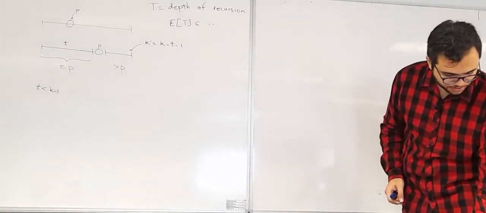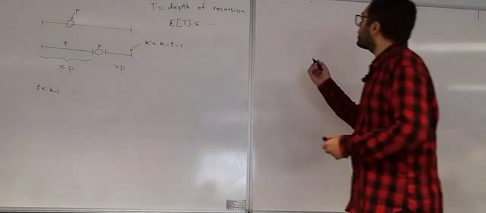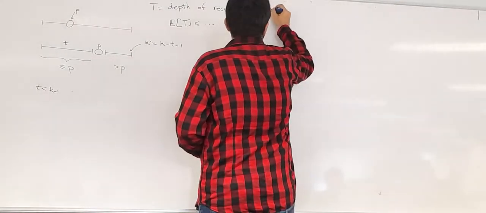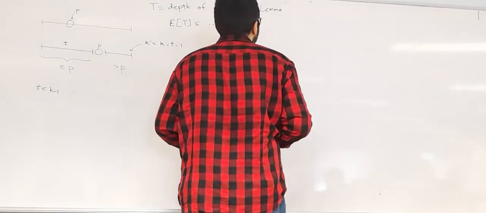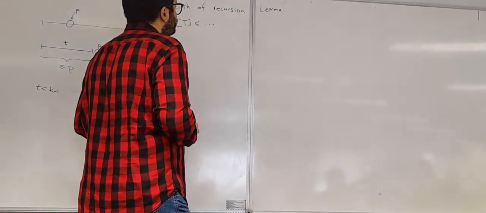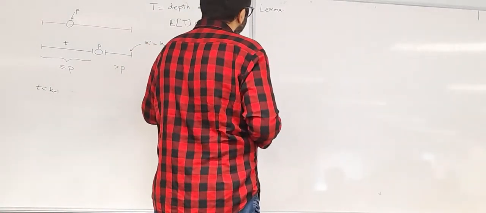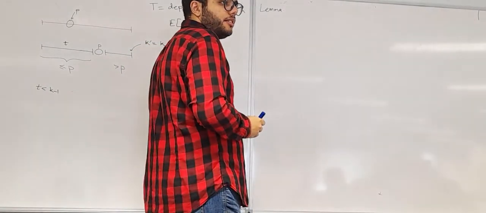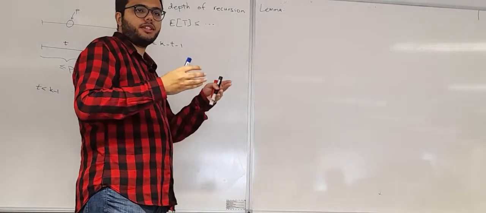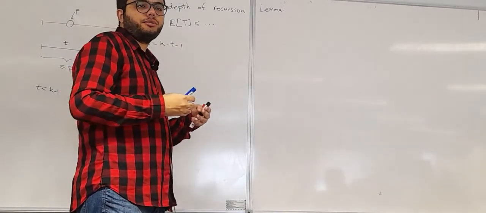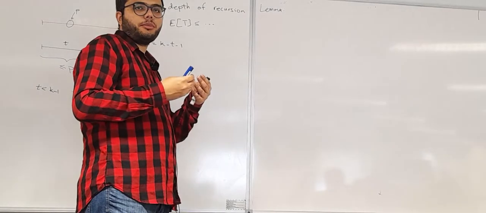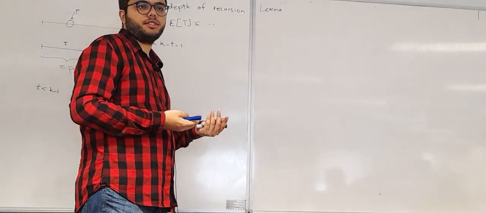Let me make sure that I use the same notation as the book. So let's just call it a lemma. I want to say that I'm solving the problem over an instance of size n, okay? But the size of my instance gets shrinking over time. So I'm just going to use m to talk about the current size of my instance.